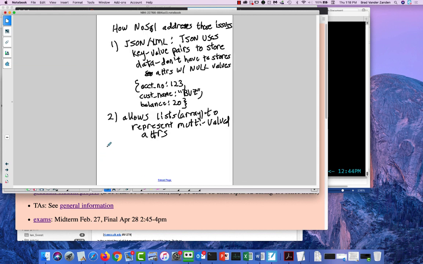You may remember from reading today about JSON that it has objects. So it uses objects to represent composite attributes. It can group composite attributes like, say, address or date or name.